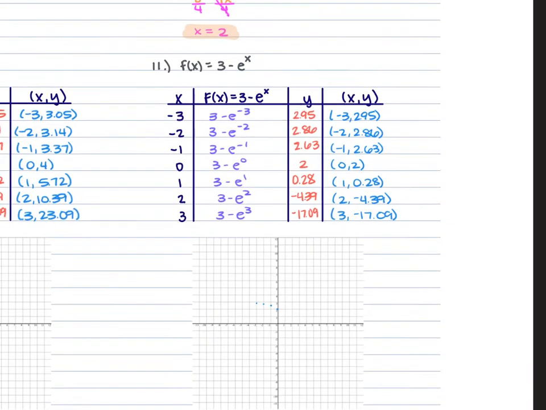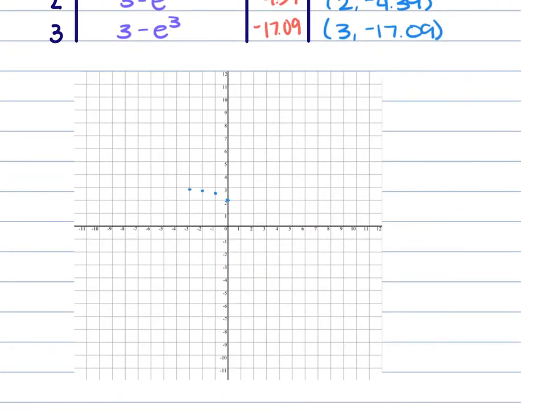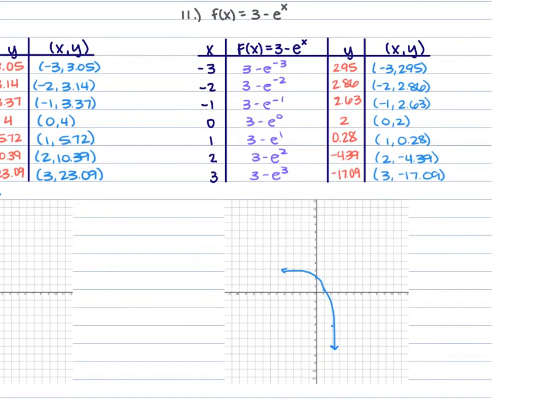Then I'm going to have 1, 0.28. Then I'm going to have 2, negative 4.39. Oops. One more over. There we go. So my line is going to look very similar to this. And that's it for that one.